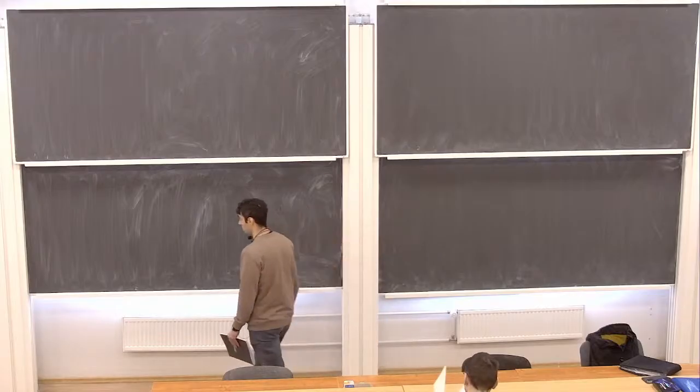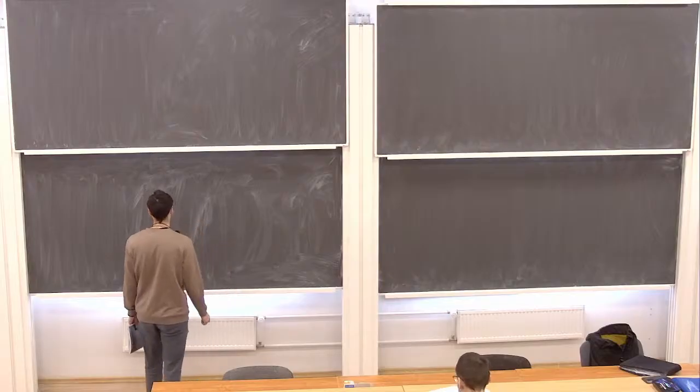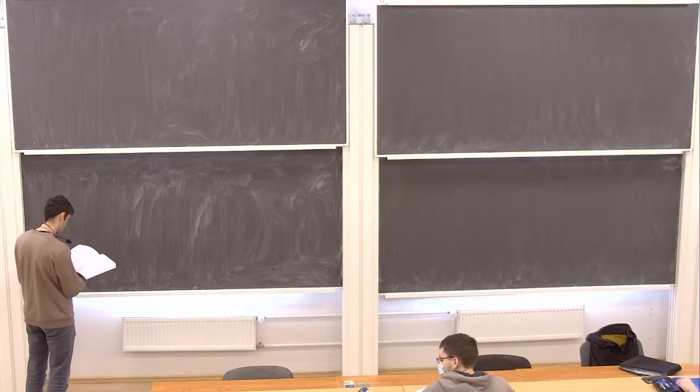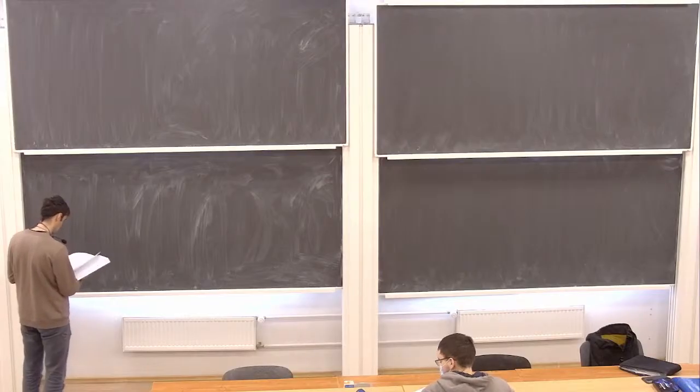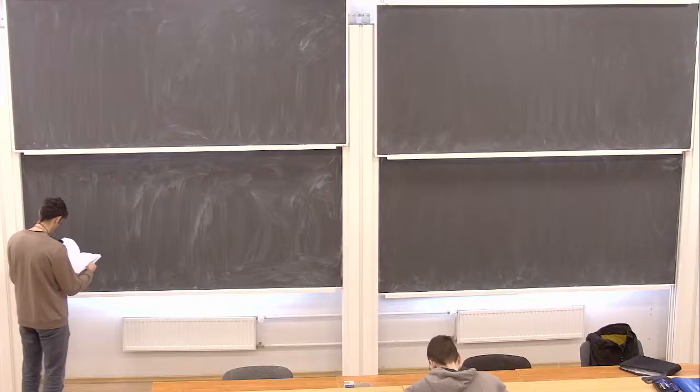Right. So last time we started talking about vector fields on a supermanifold, and so let's recall the definition and then proceed. So the definition was the following.